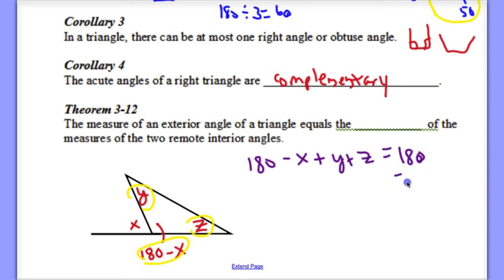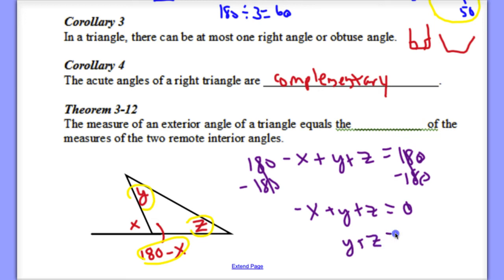Let's subtract 180 from both sides and see what happens. I'd have negative X plus Y plus Z is equal to 0. And if I add X to both sides, I'll have Y plus Z is equal to X.